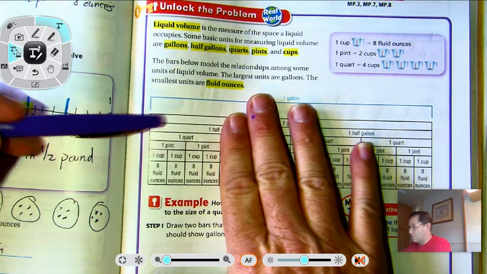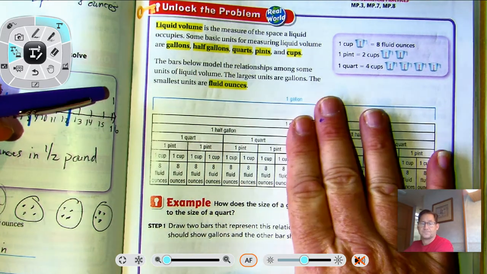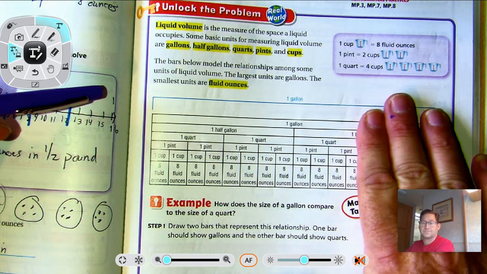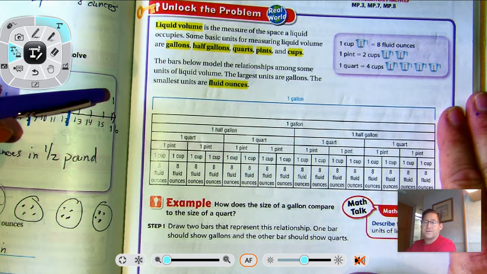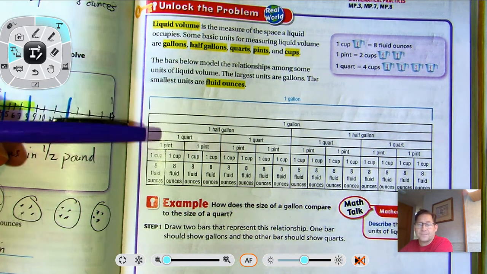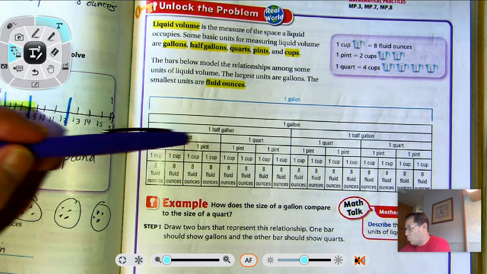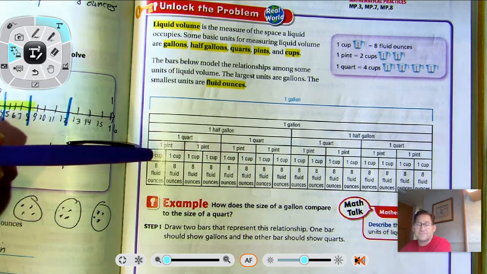Okay, in every quart, there are 2 pints. Okay, and so in every gallon, there are 8 pints. In every pint, there are 2 cups. In every quart, there are 4 cups.